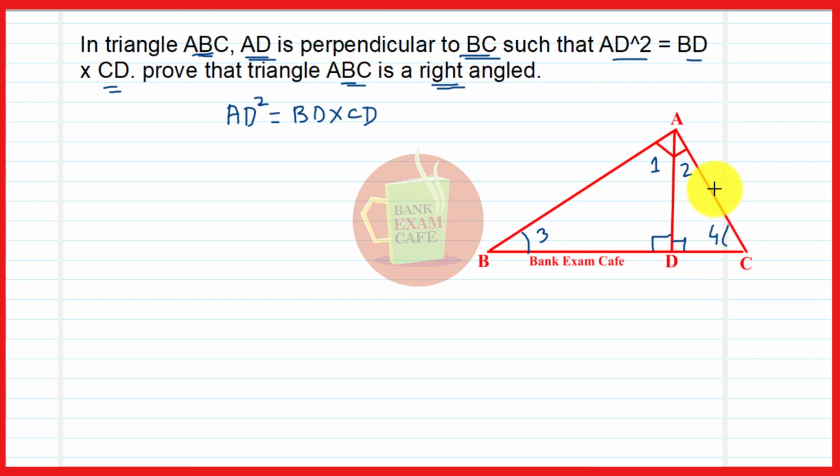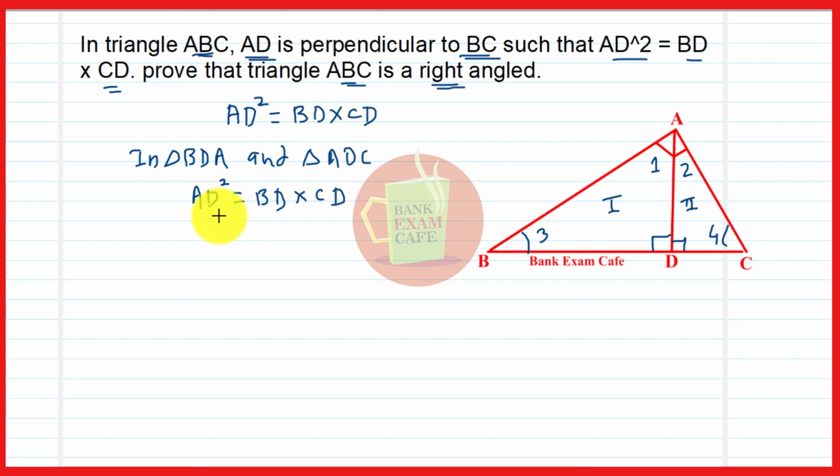Now here it is given that in triangle BDA and triangle ADC, it is given that AD square is equal to BD into CD.